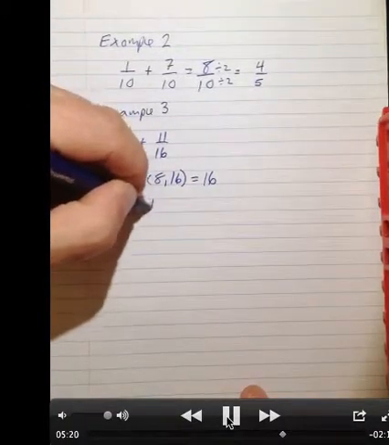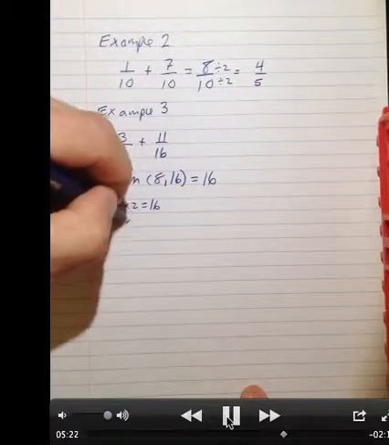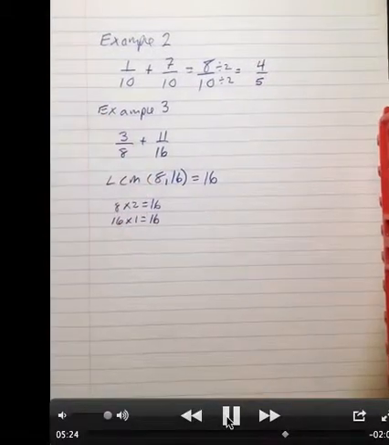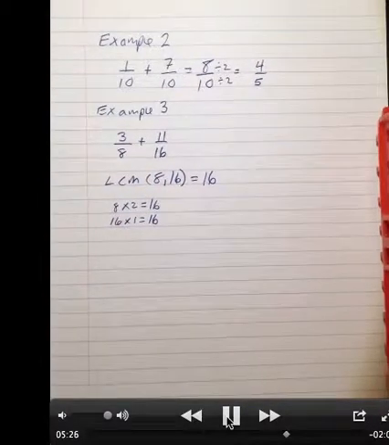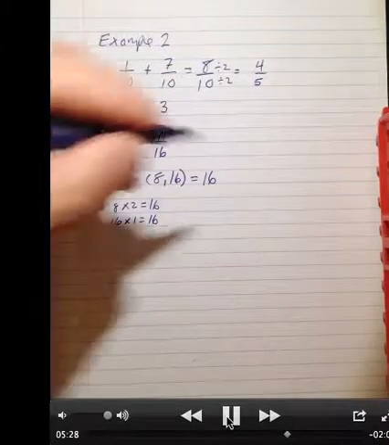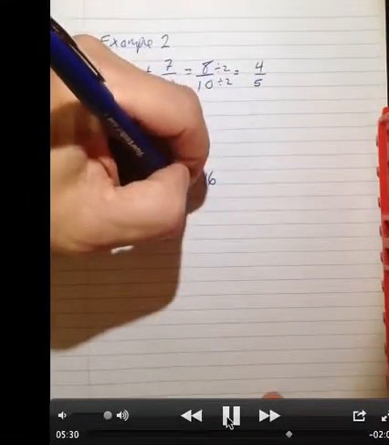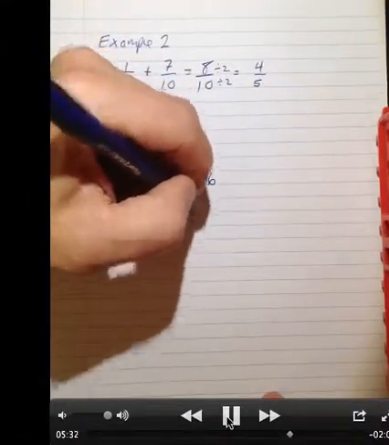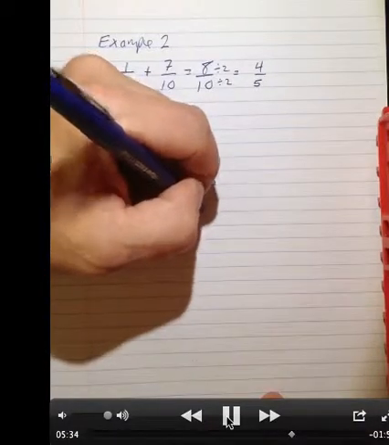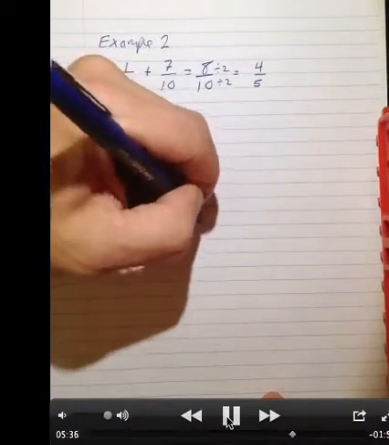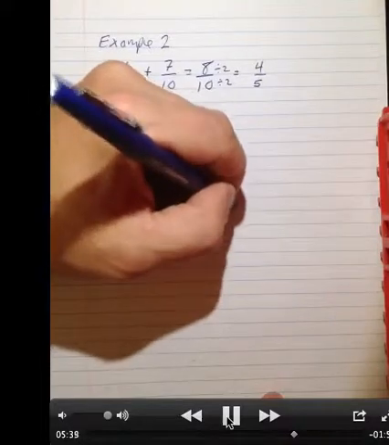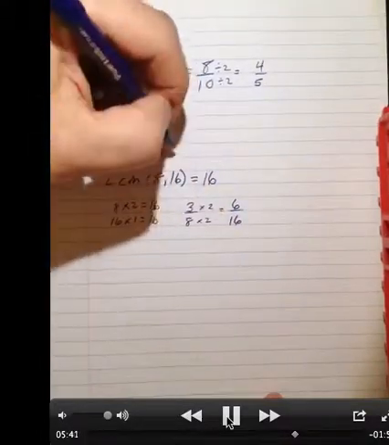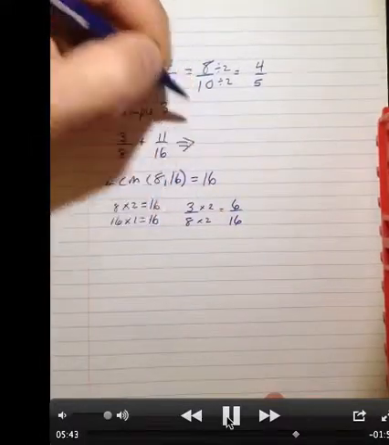8 times 2 is 16, and 16 times 1 is 16. So to change 3/8 to 16ths, we do 8 times 2 and 3 times 2 so that it's an equivalent fraction, 6/16.